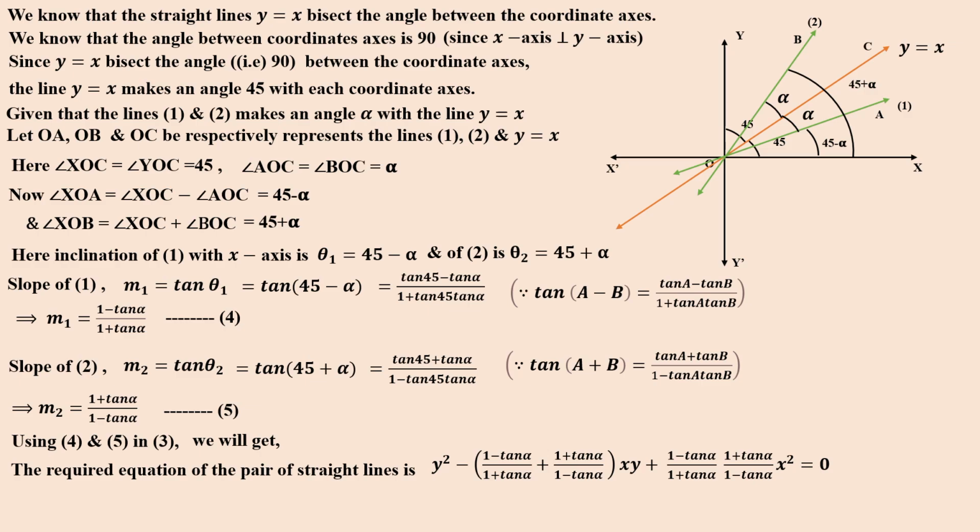See, in this equation, first y square minus (1 minus tan alpha by 1 plus tan alpha plus 1 plus tan alpha by 1 minus tan alpha) into xy. In the last term, 1 plus tan alpha in the numerator and 1 plus tan alpha in the denominator, similarly 1 minus tan alpha in the denominator and 1 minus tan alpha in the numerator, all get cancelled.